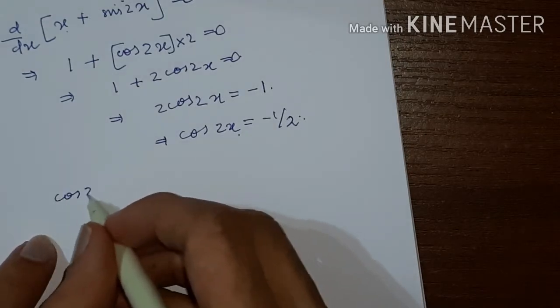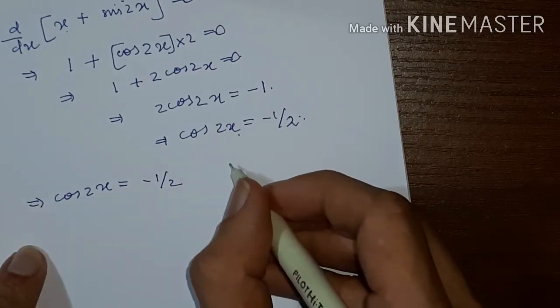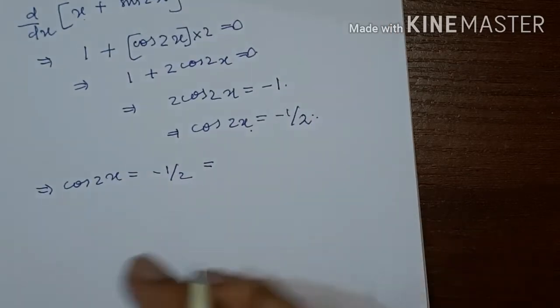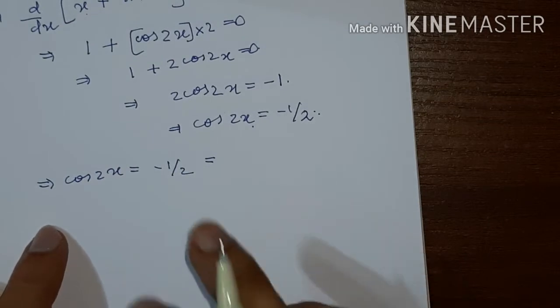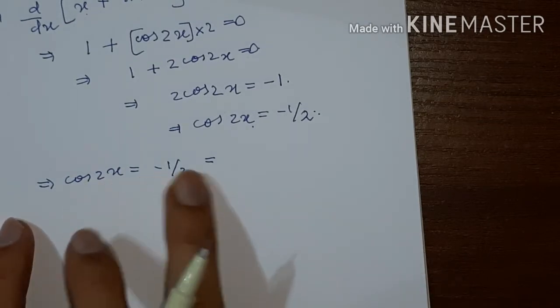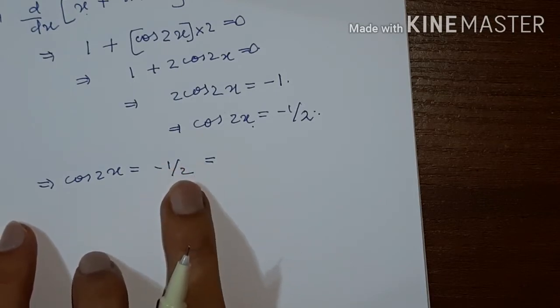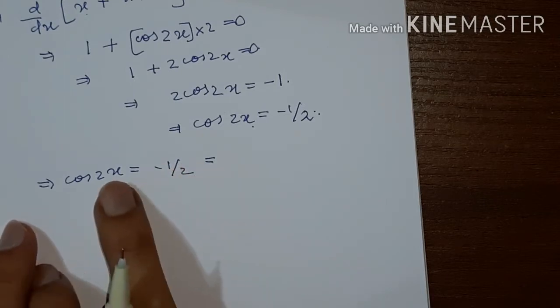So we know that cos 2x is equal to minus half. Now you have already solved this type of problem in 11th standard, wherein you have cos theta equal to some value, as here we have, and you have to solve for x.